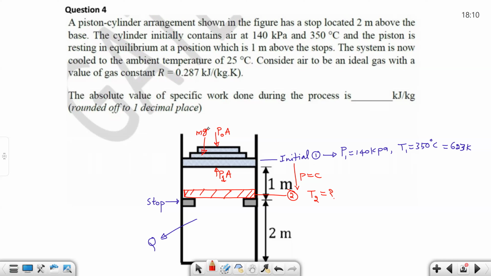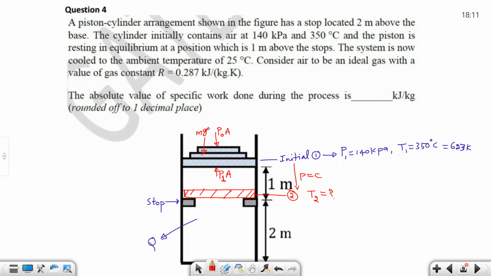Since the mass of the piston is constant and atmospheric pressure is also constant, the mass of the piston as well as the atmospheric pressure are balancing P1 into A. So if you remove the heat, the piston will move down freely at constant pressure. So from 1 to 2, the process will be pressure constant. And the final temperature will be 25 degrees.